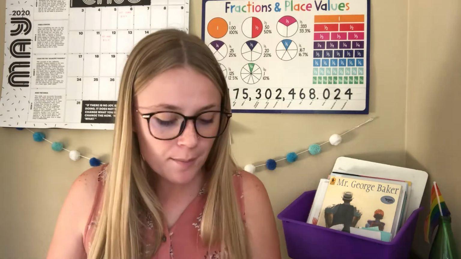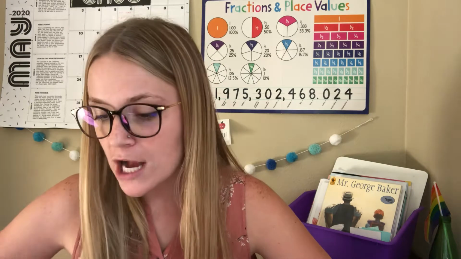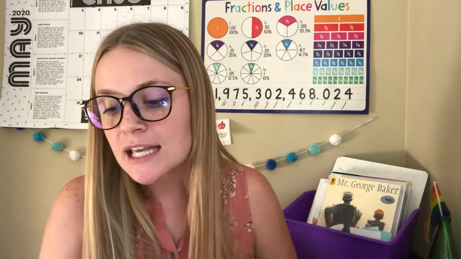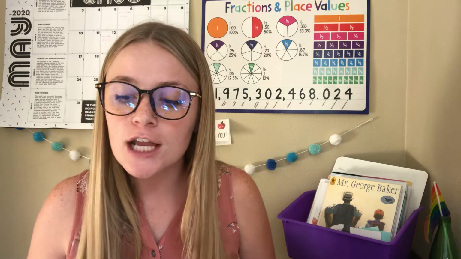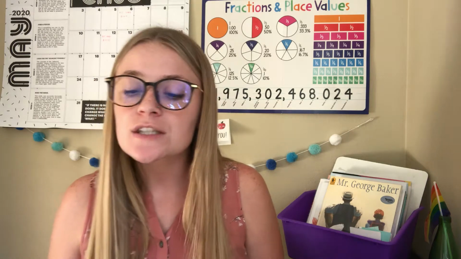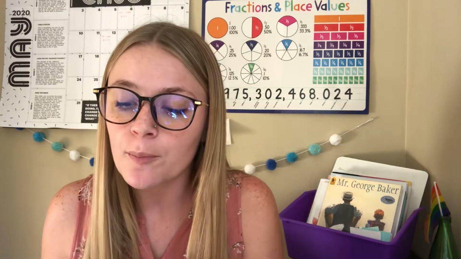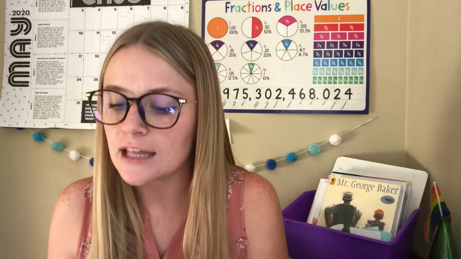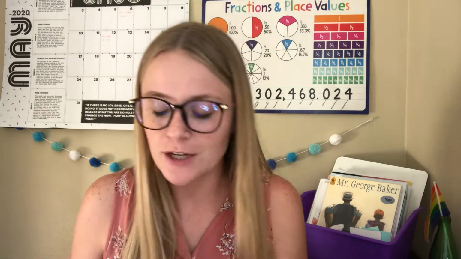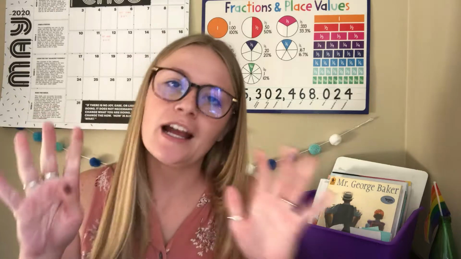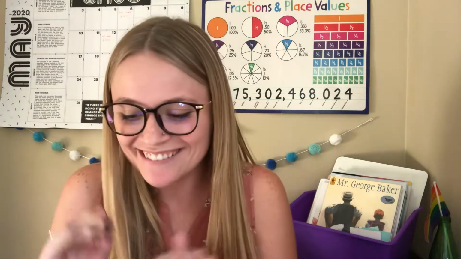I'm super excited. I'm on page 421. The I can statement says: I can represent a fraction with equal parts that are smaller in size than the equal parts of an equivalent fraction. Sorry, I read that kind of funky, so I'm gonna read it again.